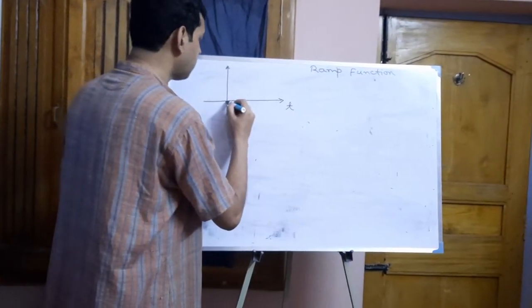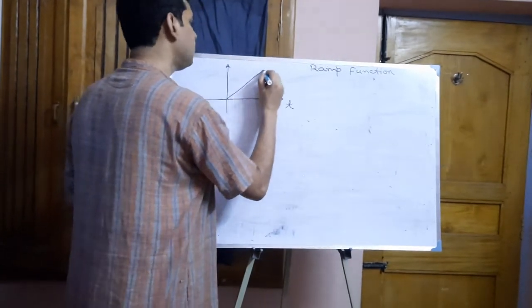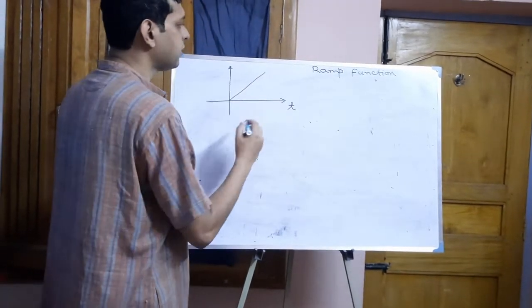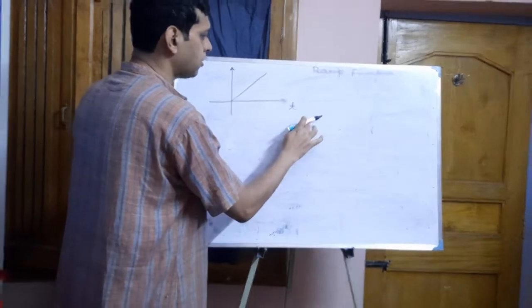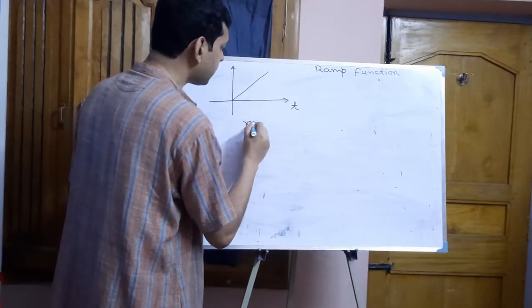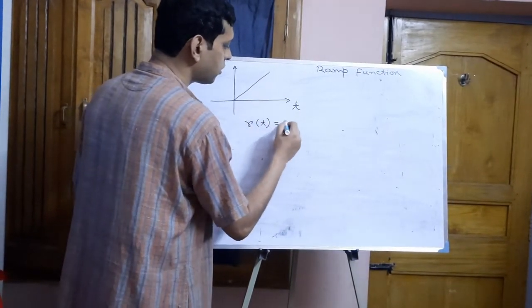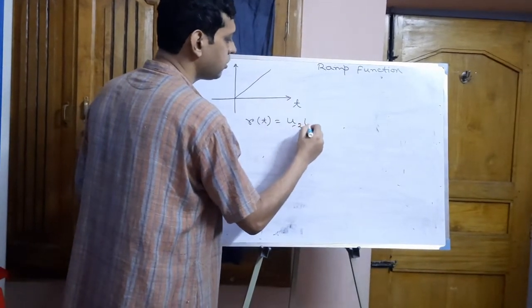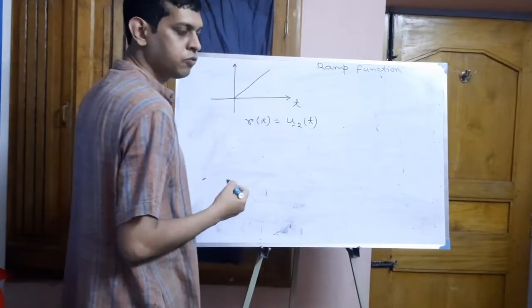Okay, now one unit ramp function is defined as r(t), or in many books this is written as u minus 2(t).